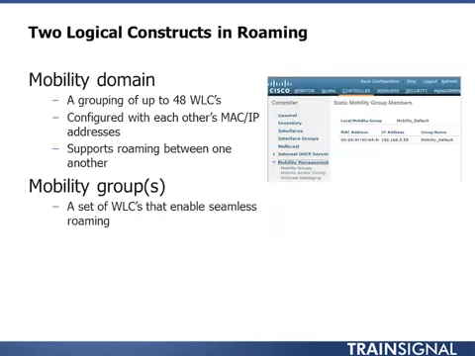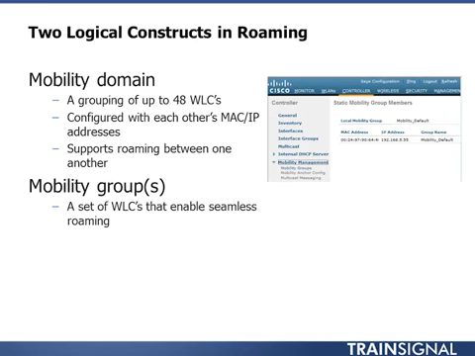I want to explain the concept of mobility domains and mobility groups. A wireless LAN controller will belong to a mobility group, and it can only belong to one mobility group. A mobility domain can have multiple mobility groups within it.